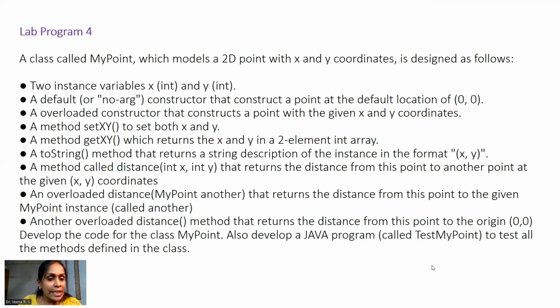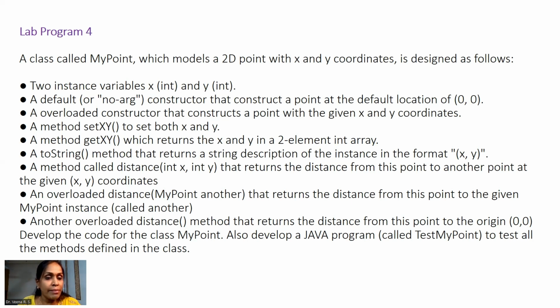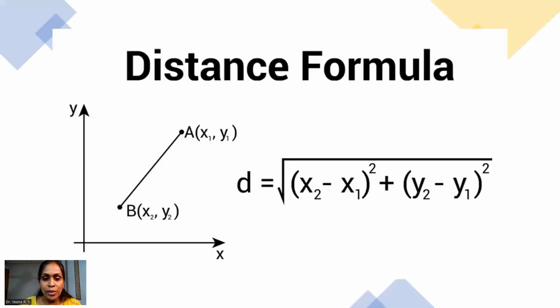Next, you should also design this MyPoint with a method setXY to set both x and y. So that also I have listed here. Then the next member it is demanding is getXY, which will return the x and y values in a two-element integer array. That means it is going to return the array from this particular method.